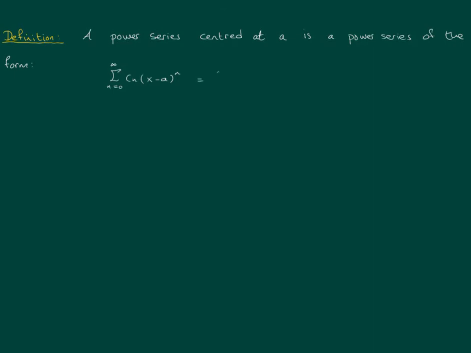Now expanding this out in the dot dot dot notation, this would be c0 plus c1 times x minus a plus c2 times x minus a squared plus c3 times x minus a cubed, and so on.